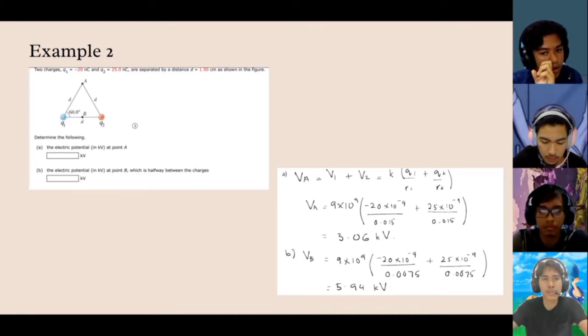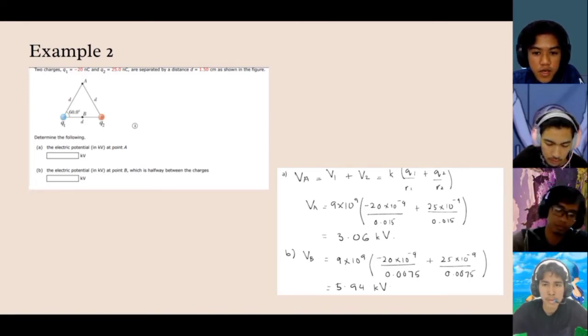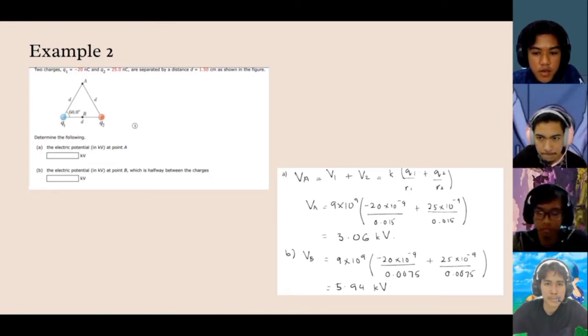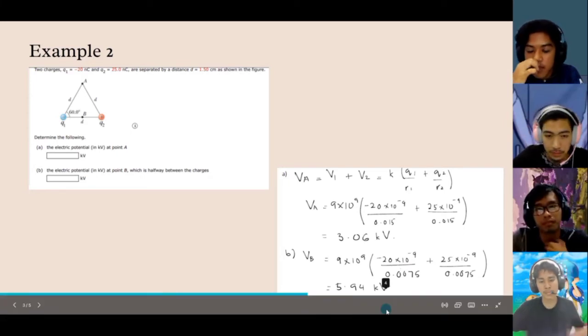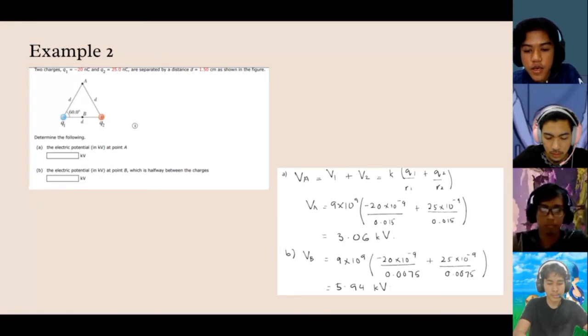Now we substitute the values. K is a constant, 9 times 10 to the power of 9, and in bracket Q1, which is -20 times 10 to the power of -9 over 0.015, because we have to change the centimeter unit into meter, plus 25 times 10 to the power of -9 over 0.015. We calculate and get 3.06 kV.